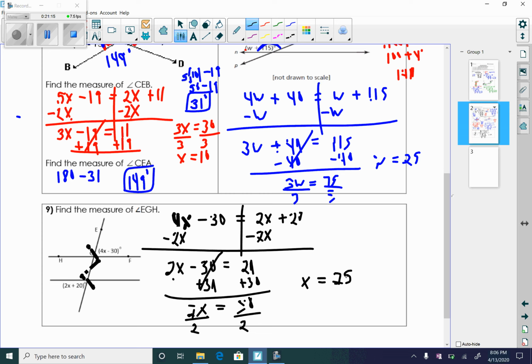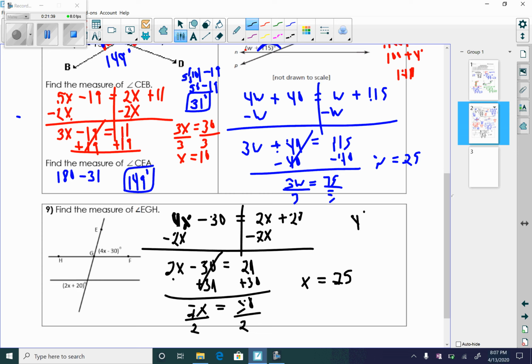Okay? So I'm not quite there yet. Now I need this angle here, EGH. But before I get that angle, I need to get this angle first, because I don't have any information about that angle yet. So I'm going to take my 25 and I'm going to plug it into this expression here.